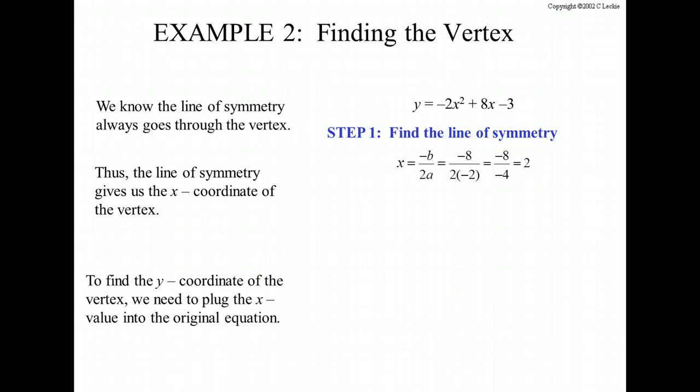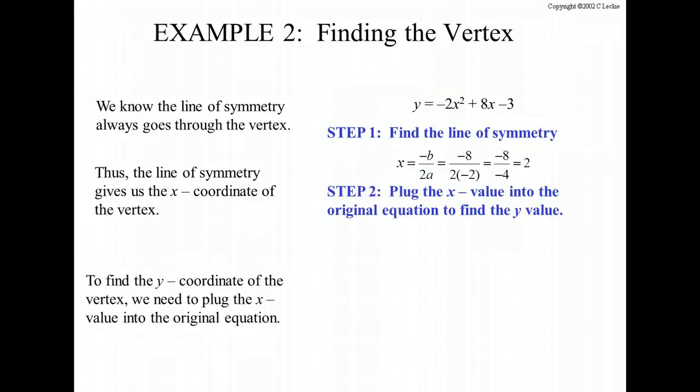So here's another example. Suppose we had the equation y equals 2x squared plus 8x minus 3. Well, we substitute in our b and our a into negative b over 2a to get the line of symmetry x equals 2. Next, we're going to plug that x value in and solve for y. So our original equation, 2x squared plus 8x minus 3, we substitute 2 in for x.